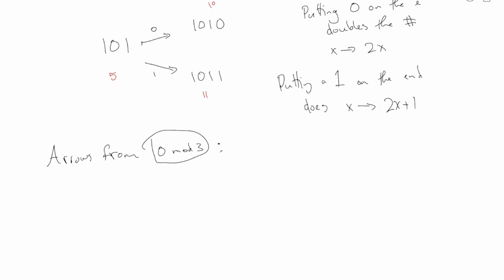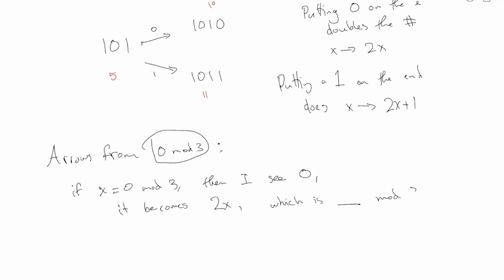If I go x, if x equals 0 mod 3, and then I see a 0, it becomes 2x, which is mod 3. Is this now still 0, or is it now 1 mod 3, or is it now 2 mod 3?